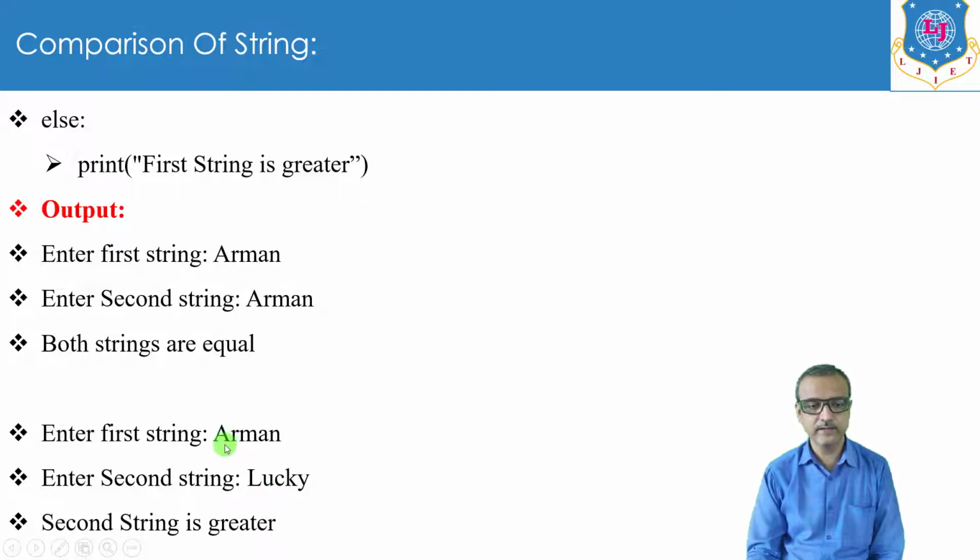Now here the comparison of first letter capital A will be done with the first letter capital L. In Python, every alphabet has a Unicode value, and the Unicode value of A is less than B, B is less than C, and so on. So here the Unicode value of A is less than the Unicode value of L. So definitely what will be the output in this case? That is, second string is greater.